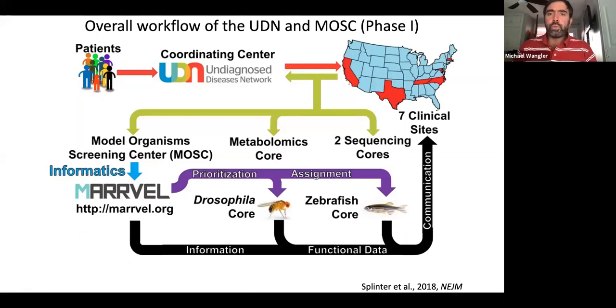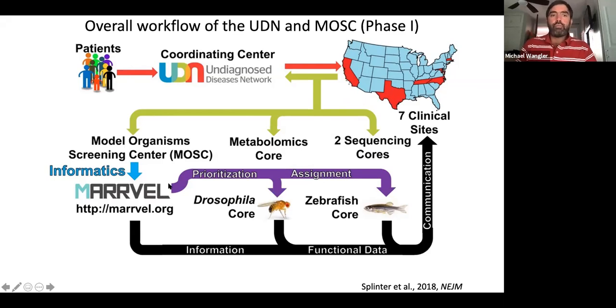So the way that study works is the patients apply through the coordinating center that's actually at Harvard, and then they're assigned to one of the clinical sites. And we're involved usually after sequencing with the model organism screening. So we get nominations of variants from sequencing.